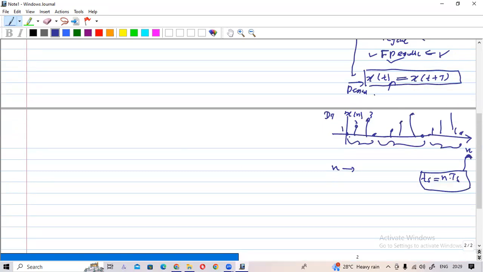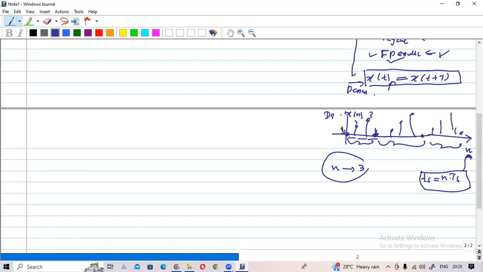So how to find the period? We have already learned this. In the same manner, you have to select two consecutive points. This is one point and this is another point. Then you can count how many samples from here to here: 1, 2, 3. So here it is 3. In this signal, it is 3.